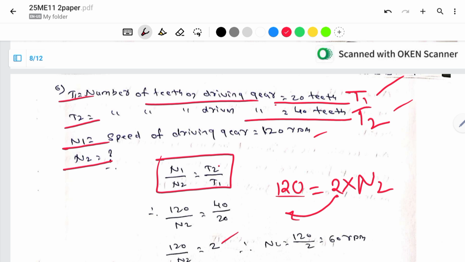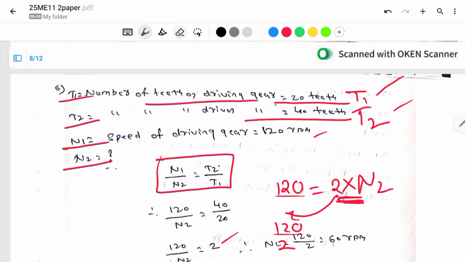Numbers and constant terms you take to one side. So 120 will be divided by 2, because here the relation is a multiplication. As per the mathematical rules, since there is a multiplication between these two, you have to take this one to the denominator.